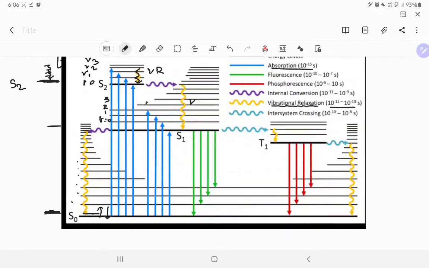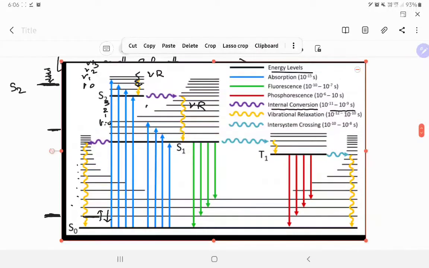Again, there is vibrational relaxation, coming to the ground vibrational level of the excited electronic state. Since this is a higher energy level, there is again a transition from a higher singlet state to a lower singlet state.